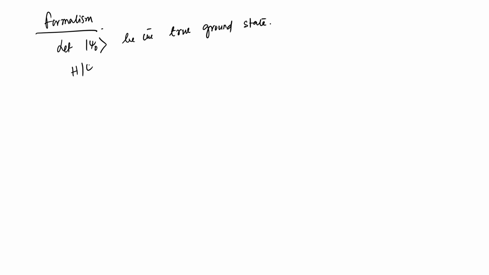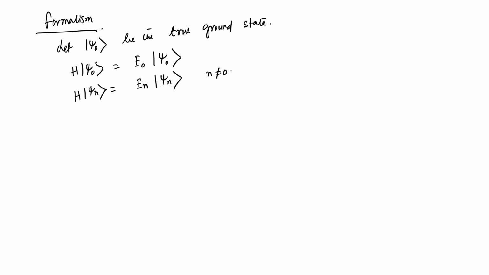So, H acting on psi 0 will give E 0, which is the ground state energy, and returns me this wave function. And it is also true that if you make it act on any of the excited states, which are these E n with n not equal to 0, this will give all the excited state energies.